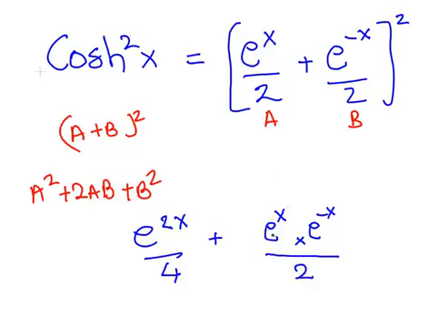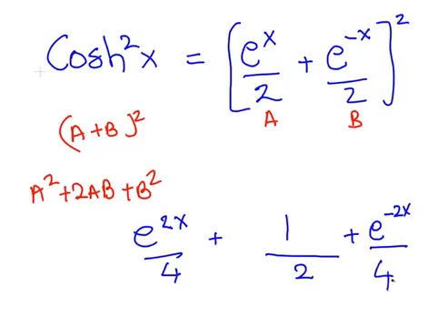Okay, now we have e to the x times e to the minus x. And as we said earlier, that just simplifies to e to the 0, okay, and that simplifies to 1, okay. And finally, e to the minus x, so b squared is e to the minus x over 2, squared, so that is plus e to the minus 2x over 4, okay.